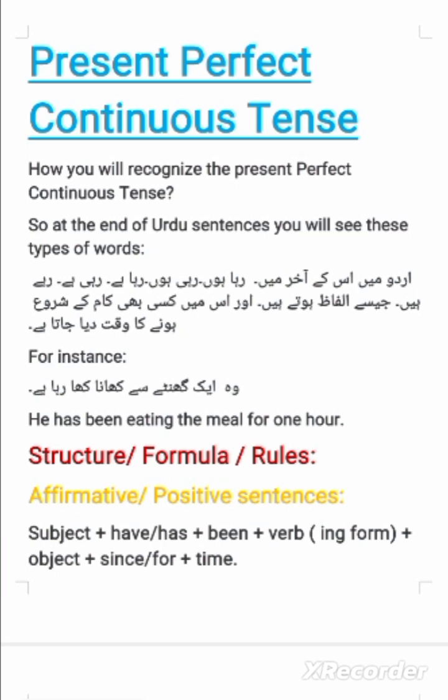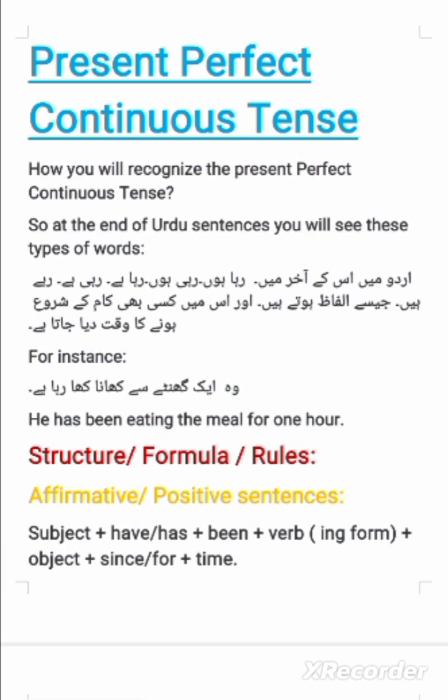All right, so first of all think of any sentence in your mind. All right, for example, वो 1 घंटे से खत लिख रहा है. Okay, so how will we make this sentence? Just think about it. Yes, so he has been writing the letter.